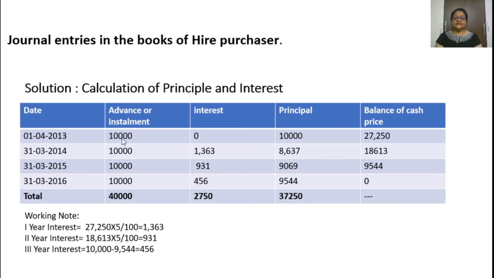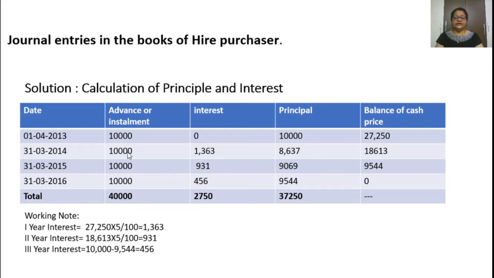As this 10,000 is a down payment, it does not have any interest, so the full amount is taken as principal. The cash price was 37,250. From that, if you deduct this 10,000 rupees, you get 27,250 after the payment of the down payment.